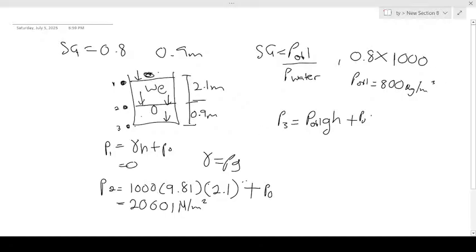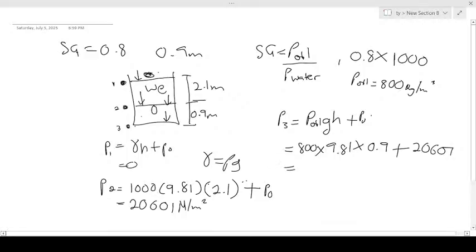Now we can find the pressure at point 3, which is going to be 800 times 9.81 times the height 0.9, plus the external pressure, which here is now the pressure at point 2, 20,601.